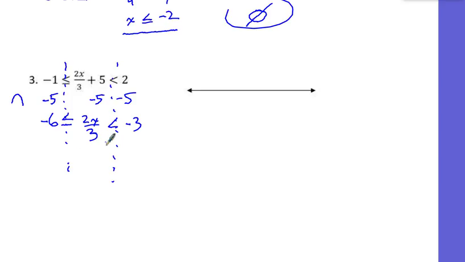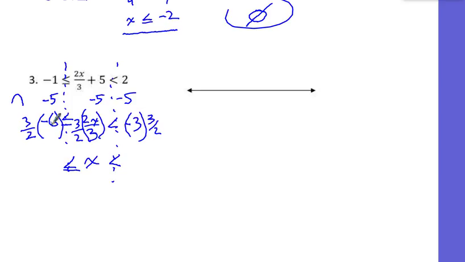Instead of dividing by 2/3, we're actually going to multiply all 3 sides by the reciprocal of 2/3, which is 3/2. 3 divided by 3 is 1, 2 divided by 2 is 1, and so in the middle we just have x. We did not divide or multiply by a negative, so our signs will stay the same.